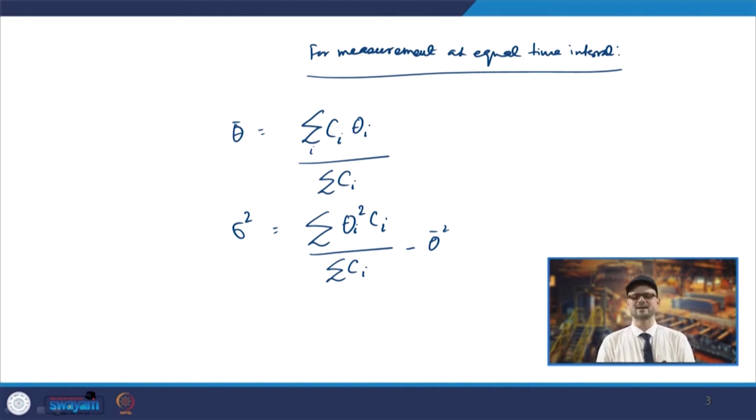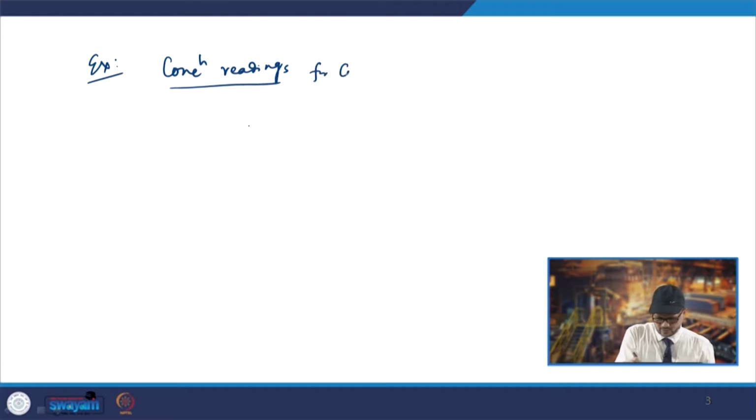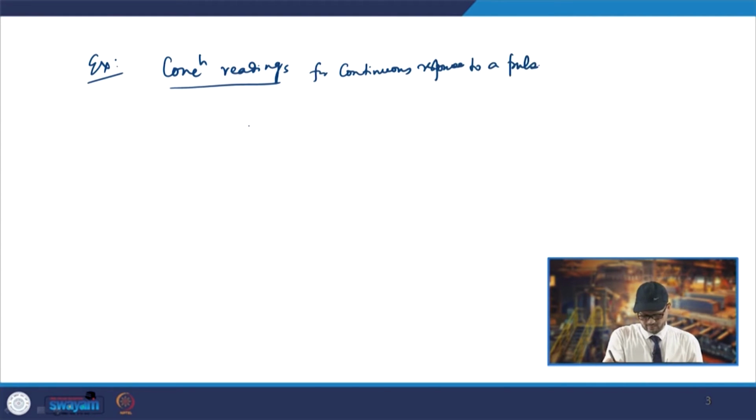So, we can understand it using one example, where there is a concentration measurement. The concentration readings are plotted for a continuous response to a pulse input into a closed vessel, which is used as a chemical reactor.